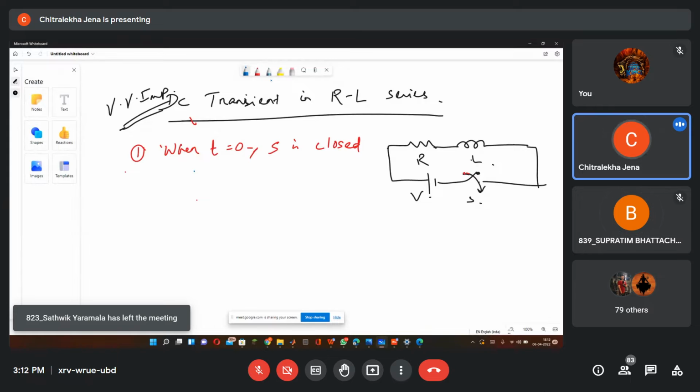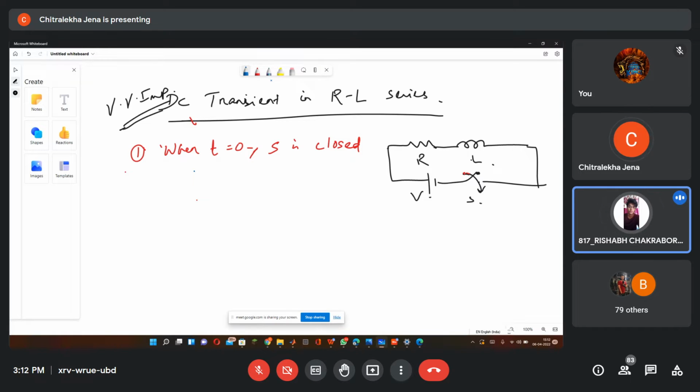Vivesh, will current flow or not? Vivesh is not there in the class. 848, 854. Ma'am, AC will stop because the inductor stops the flow of AC current.